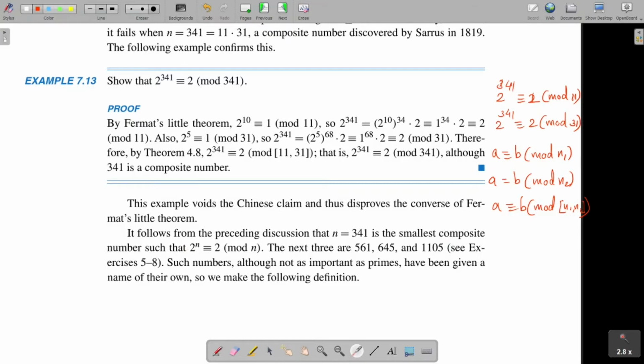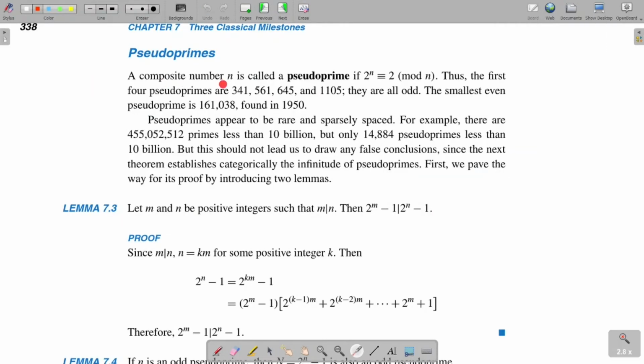The integers after this that satisfy this relation are 561, 645, 1105 etc. None of these integers are prime numbers, they are all composite numbers. But they satisfy this relation. Such a composite number n which satisfies the congruence 2ⁿ congruent to 2 mod n is called a pseudoprime.